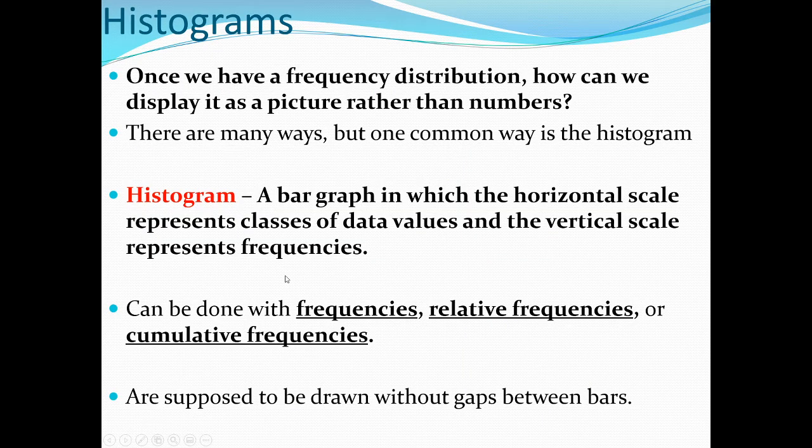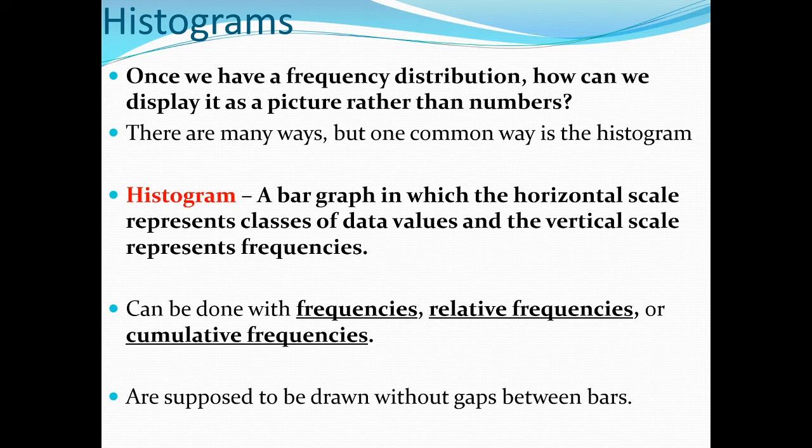So a histogram is basically a bar graph which has bars together. The horizontal axis, or the x-axis, represents the data values for the classes. So that's the class ranges there. And the vertical axis, or the y-axis, represents the frequency of each class.